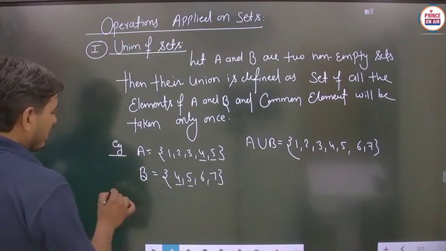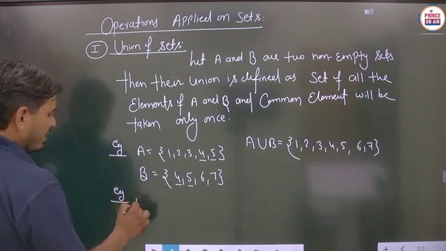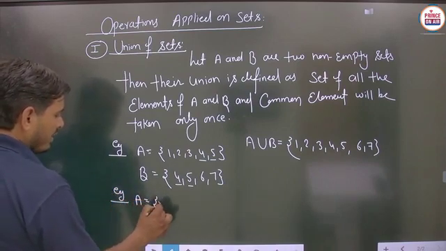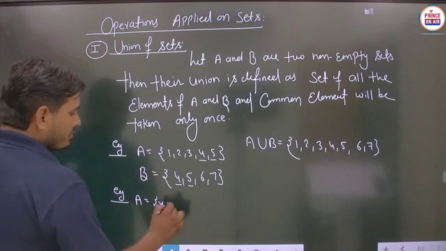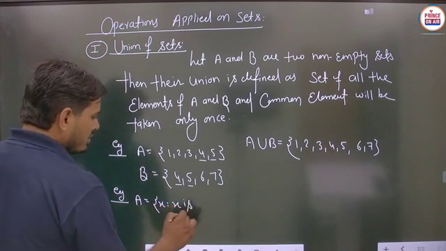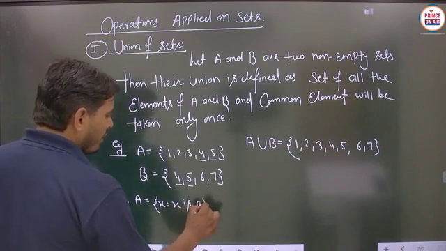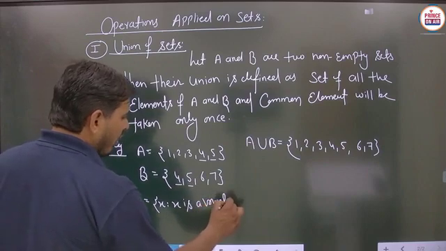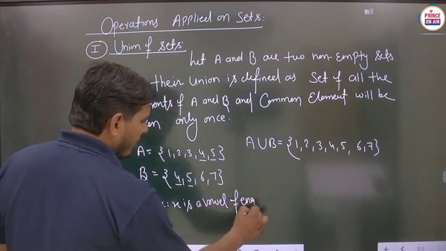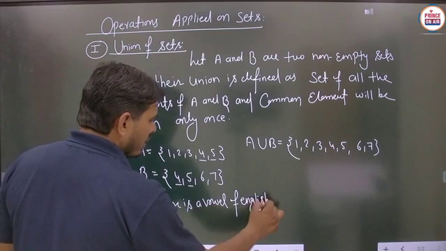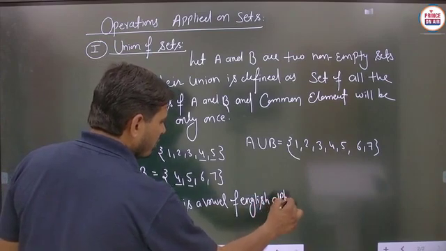Sometimes suppose any of the sets is written like this: A is X such that X is a vowel of the English alphabet. Is it to be clear?